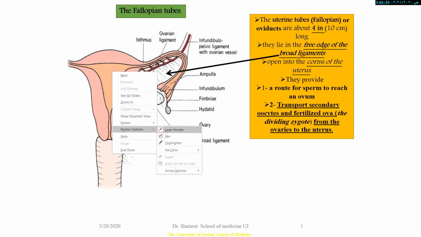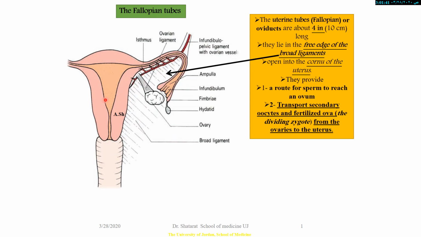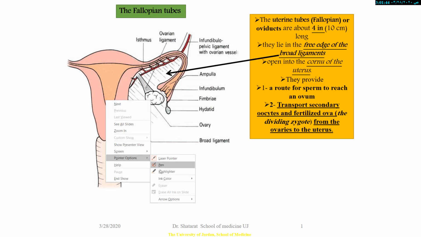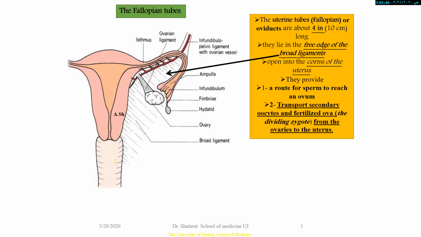I'll draw some pictures here. Now, sperm are deposited here, then they travel through the uterus until they reach the uterine tube, and they meet the ovum in the ampullary part somewhere here.